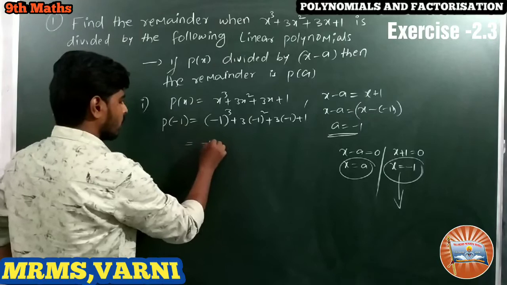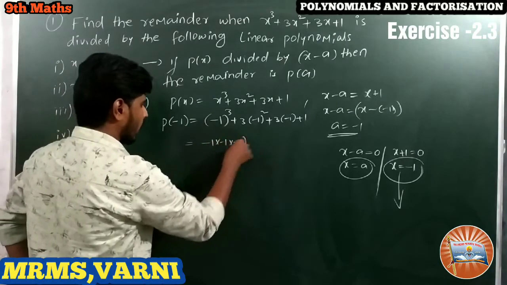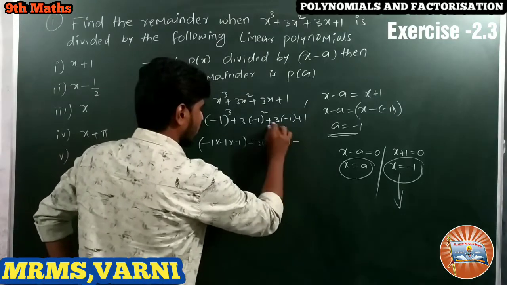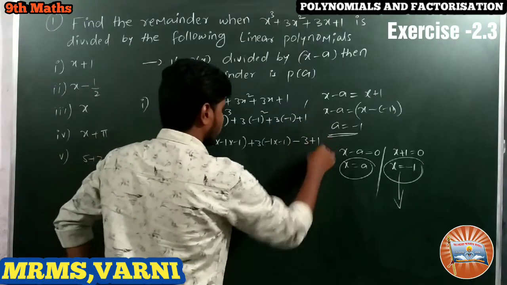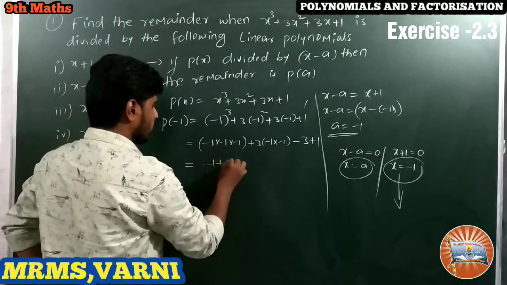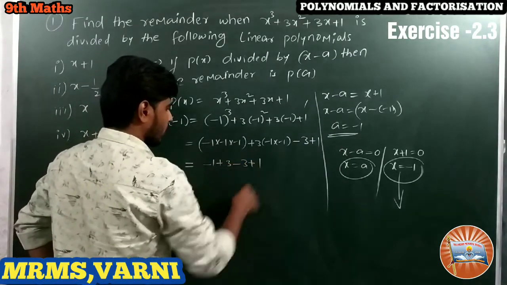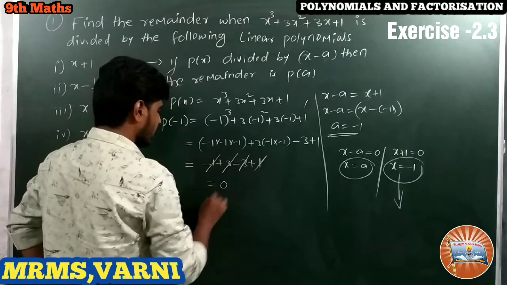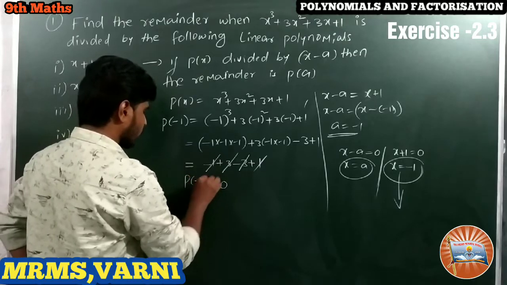So what becomes? Minus 1 into minus 1 into minus 1 plus 3 into minus 1 into minus 1 plus 3 into minus 1 plus 1. Minus 1 plus 3 minus 3 plus 1. Minus 3 plus 3 cancel. Minus 1 plus 1 gets cancelled.